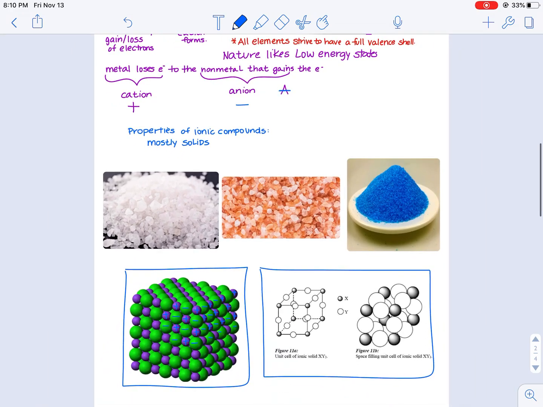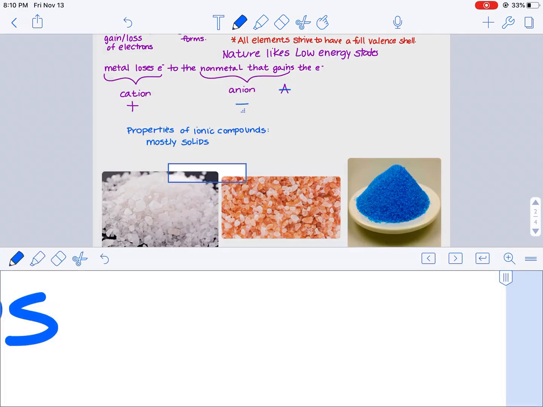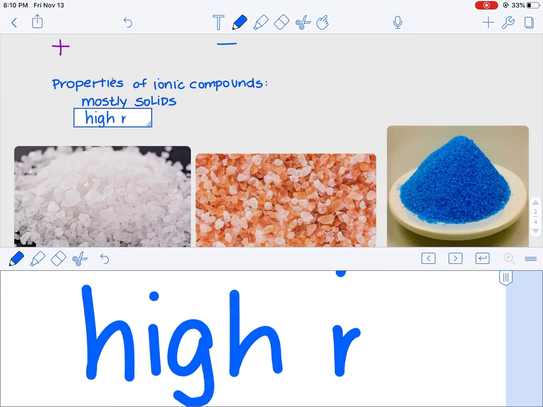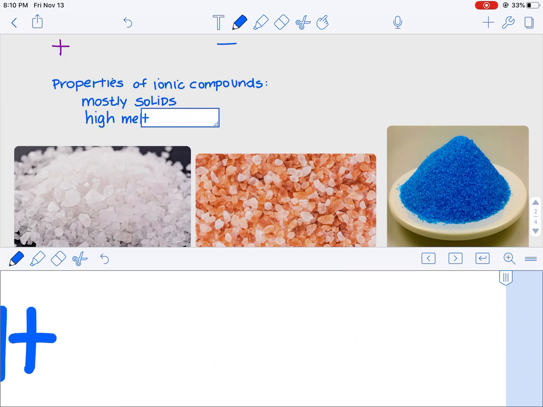Those cations and anions have such a strong attraction to them that they're going to have particles touching each other, ergo, the solid state. The attraction is so great that they're also going to have very high melting and boiling points.